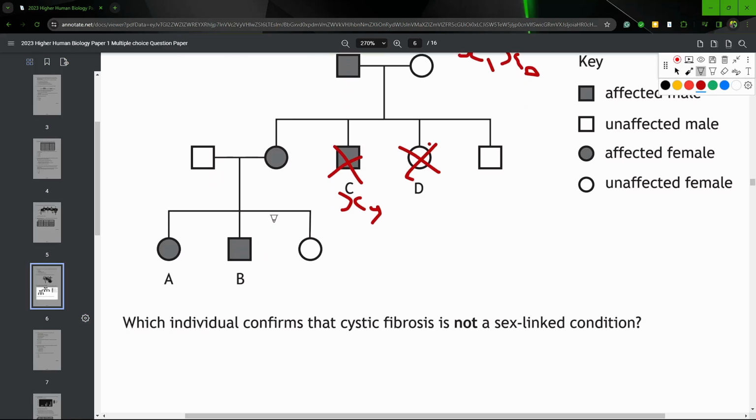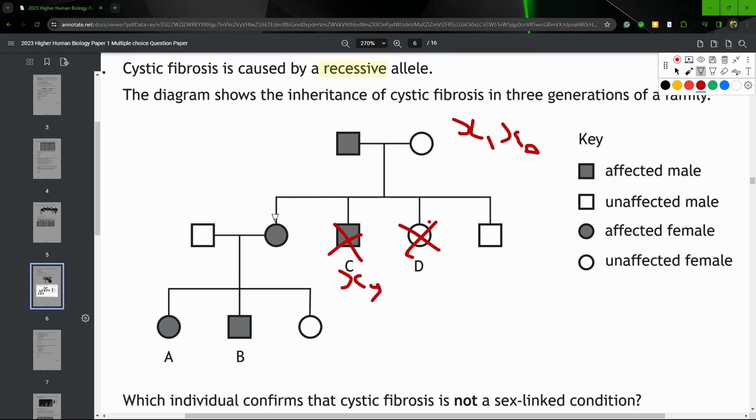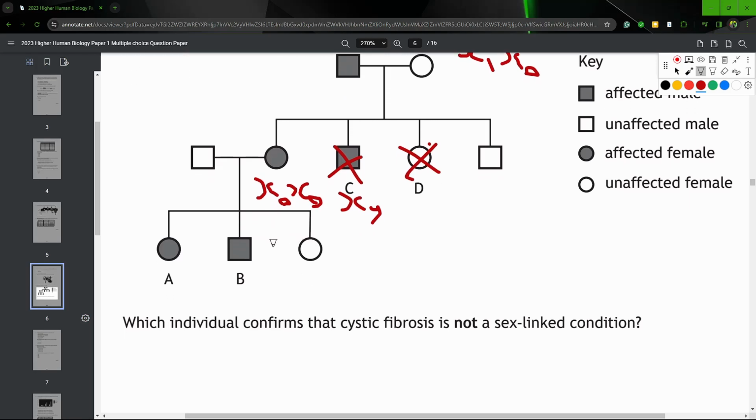And what about B? It's worth noting that the mother of A, B, and 1 will have to have 2 copies, because females have 2 X chromosomes and it's a recessive allele, so they have to be homozygous for cystic fibrosis. B is a male, so he'll have XY, and A is a female, so they'll have XX.